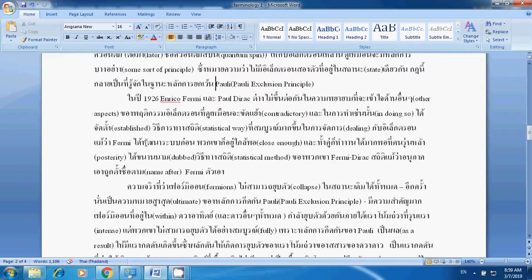Fermi had first developed the system, but they were close enough, and it was enough for posterity to give the double name to the statistical method.